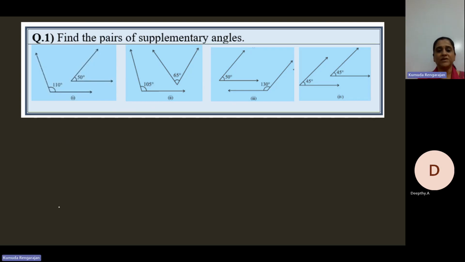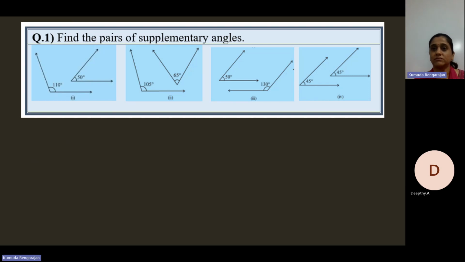Find the pairs of supplementary angles. In the first figure, are the angles supplementary? No. The second one? No. Third one? Fourth one?